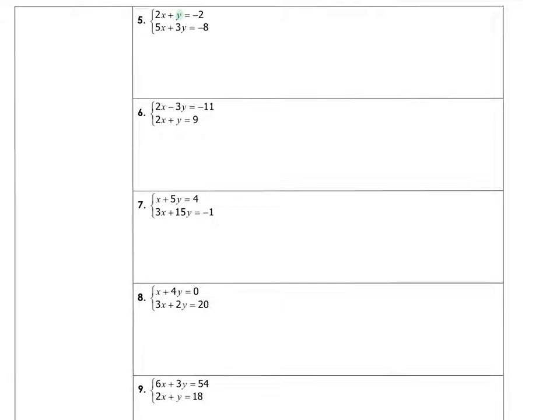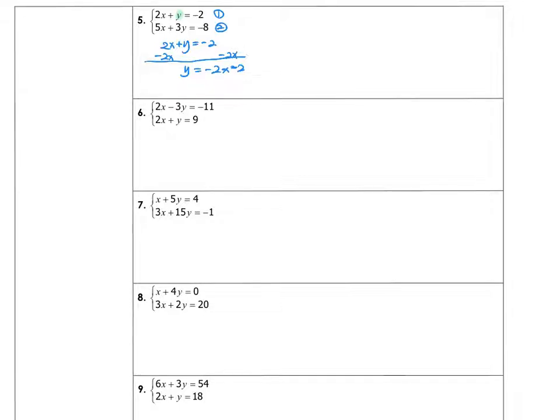So we can make our life easier if we take the first equation, 2x plus y equals negative 2. And if I just subtract 2x on both sides, guess what? I'm left with y equals negative 2x minus 2.